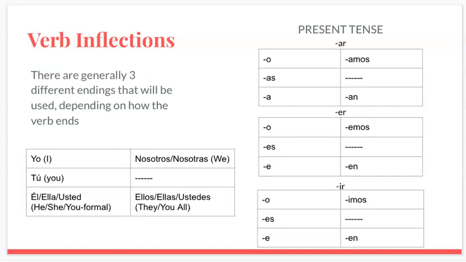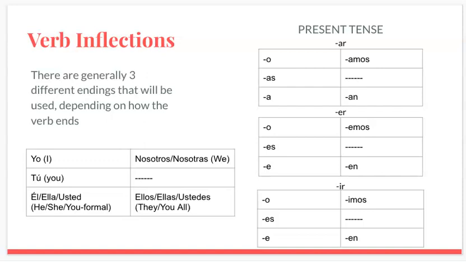So it's important to watch for how the verb ends because that will determine the tense you're talking in and in what person, so first, second, or third. And that's something that English does not have. We don't have to really differentiate between first, second, and third. We just make a difference between third person and non-third person.